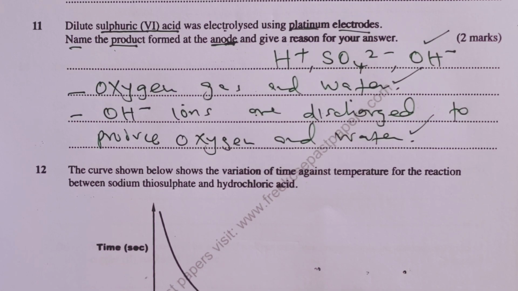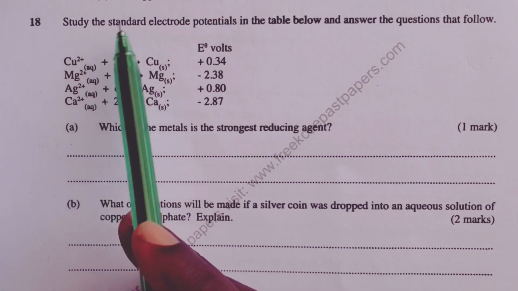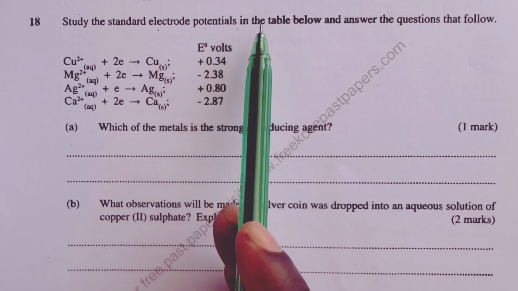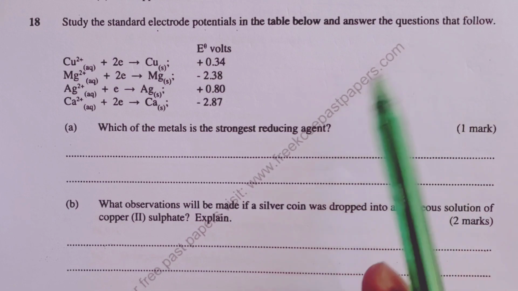Same year, 2015, question number 18 was still from our very easy topic of electrochemistry. Study the standard electrode potentials in the table below and answer the questions that follow.